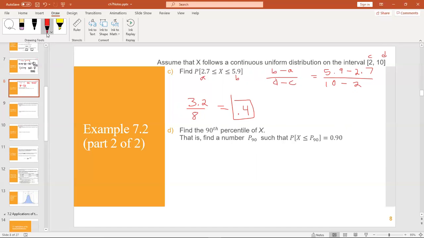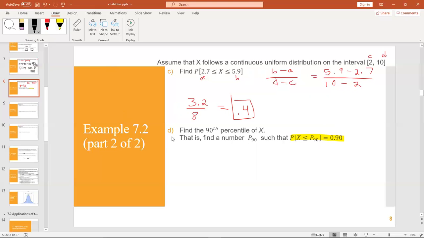This one's a little bit different. They asked for the 90th percentile. And that basically means that what the decimal should equal when it is all said and done, the decimal should be equal to 0.90.